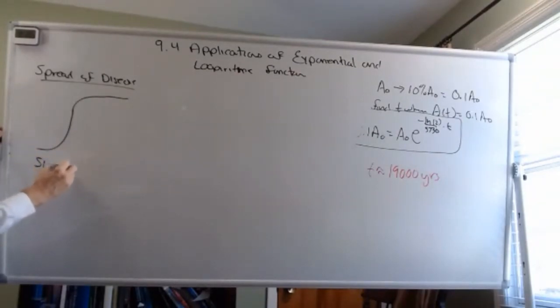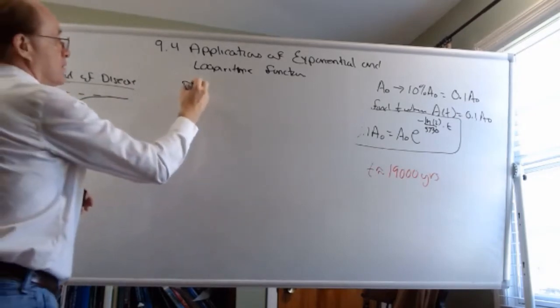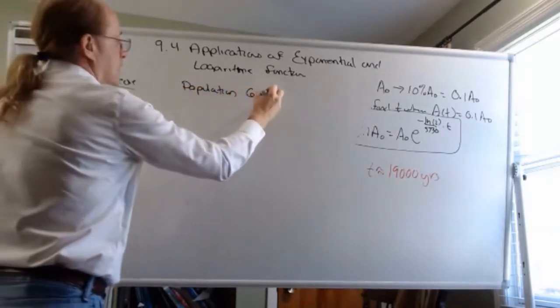So we're not going to go into these, but you can go beyond my basic increasing exponential and turn it around to decreasing. For example, we're going to look at population growth as an example of an increasing exponential.